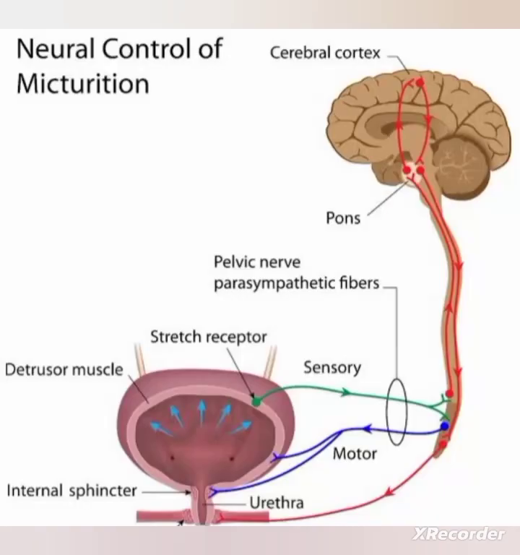Normally, bladder emptying is activated by the micturition reflex arc within the sympathetic and parasympathetic nervous system, which causes a coordinated sequence of events.